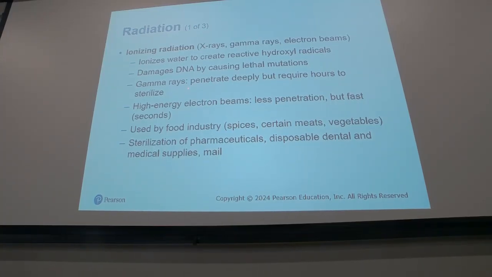So about gamma rays, these are very powerful and penetrate deeply, but it requires several hours for sterilization. And then for these high energy electron beams, they have less penetration, but it is fast because these electrons really easily move between the molecules.